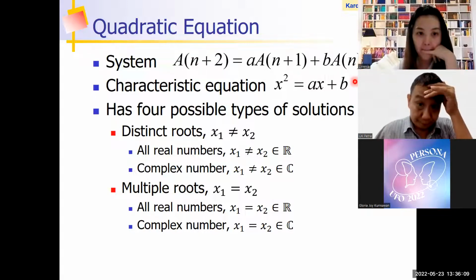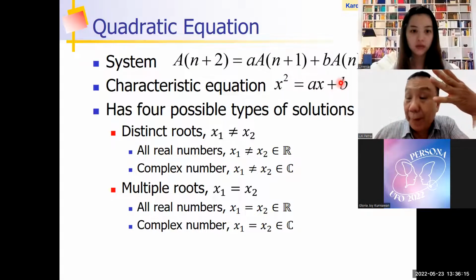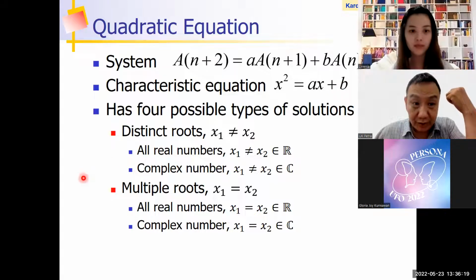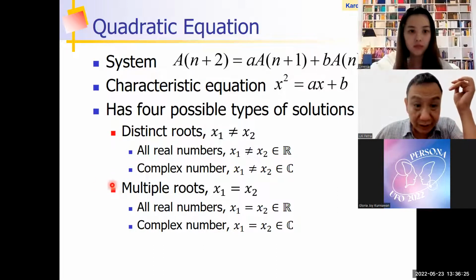If you solve this quadratic equation, there are possible types of solution. One is called distinct root, the second is called multiple root. What does that mean? Distinct root means the solutions x1 is not equal to x2.